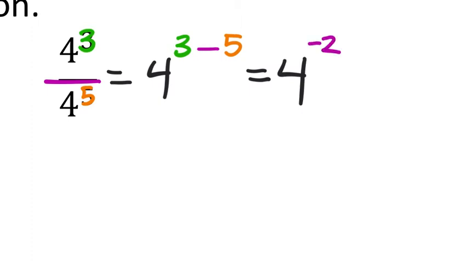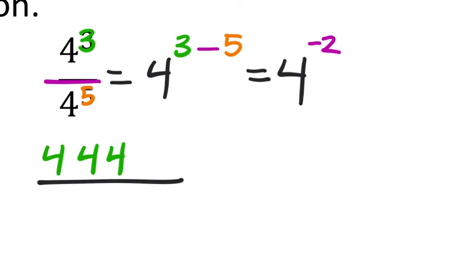Now, while having a negative exponent here is okay, in the end, we only want to use a positive exponent. So what does this mean? Well, to help us understand what this means, let's go and expand the original expression. So in the numerator, we had 4 to the power of 3. That would be 3 4s multiplied. In the denominator, we would have 5 4s multiplied. 2, 3, 4, 5.